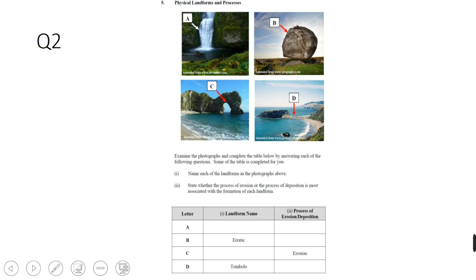Right, question 2. We have to name each of the landforms in the photographs above. Now, I know we haven't done all of these, but you should be able to get them. A is a waterfall. Is it a process of erosion or deposition? It's a process of river erosion, so I'll put an E for erosion.